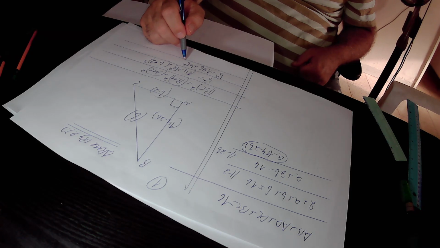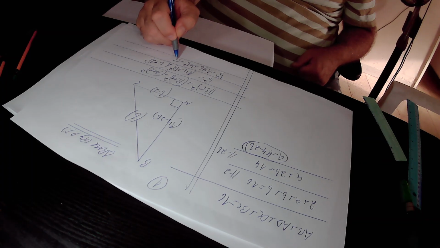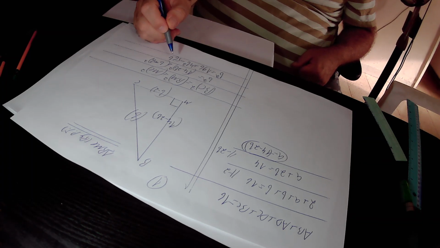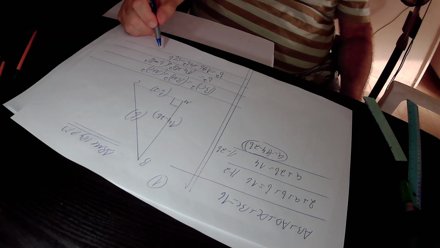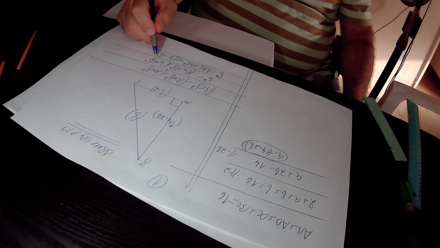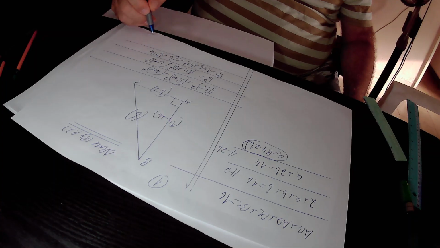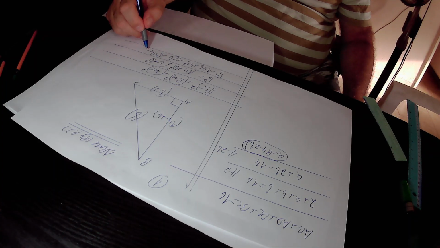Minus 28 times 2b is minus 56b. And we also have plus (b minus 2) squared. (b minus 2) squared equals b squared plus 2 squared, that is 4, minus 2 times b times 2, that is minus 4b.